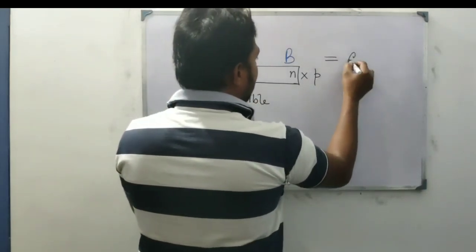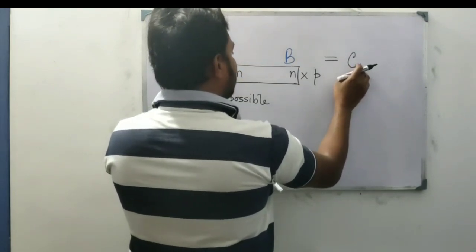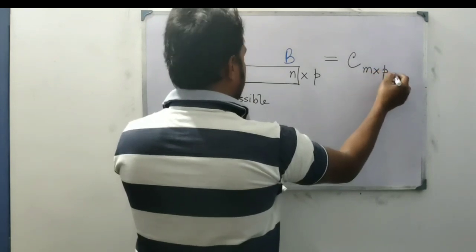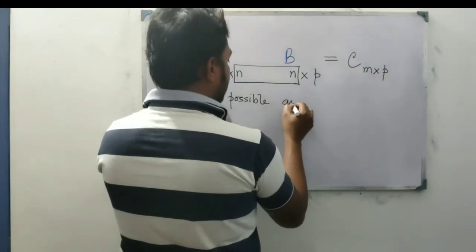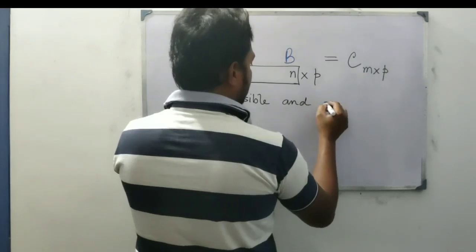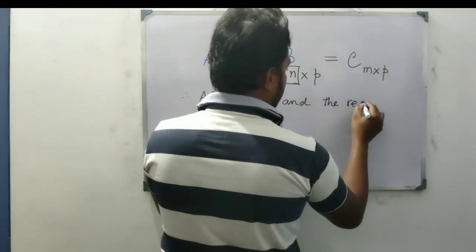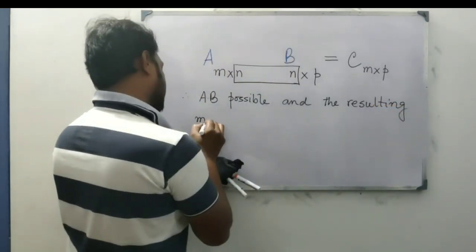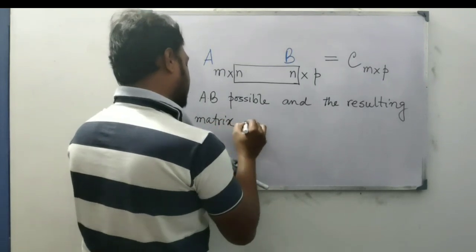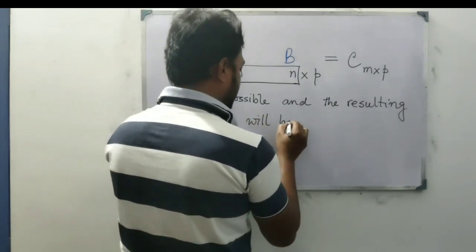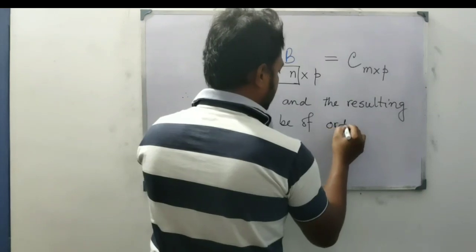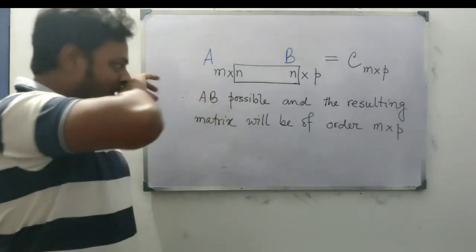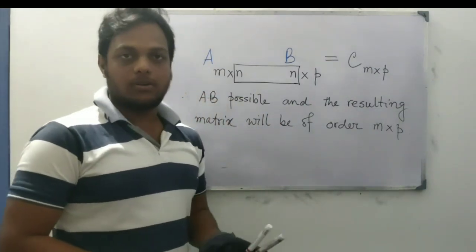Because if we get the matrix C, then C will be of order m cross p. These two extremities, m cross p. AB is possible, and the resulting matrix will be of order m cross p. Understood? So easily we can check that matrix multiplication is possible or not.